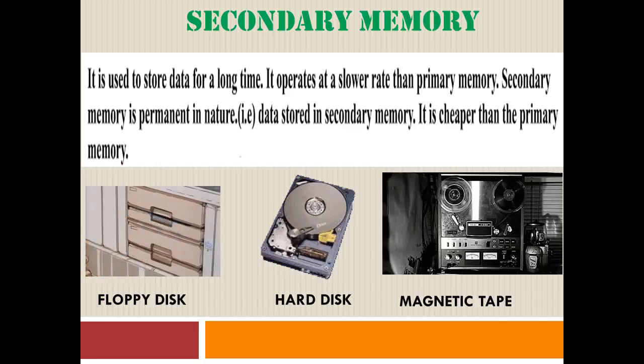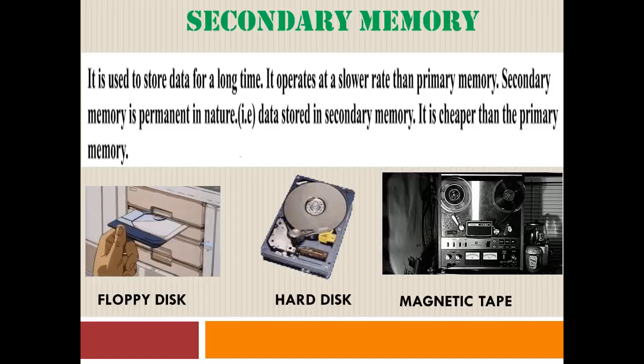Another one, secondary memory. It is used to store data for a long time, but primary memory is used to store data for only a short time. Secondary memory operates at a slower rate than primary memory. Primary memory can send and receive data at very high speed, but secondary memory operates at a slower rate.